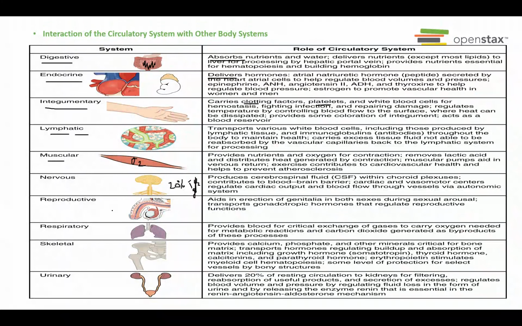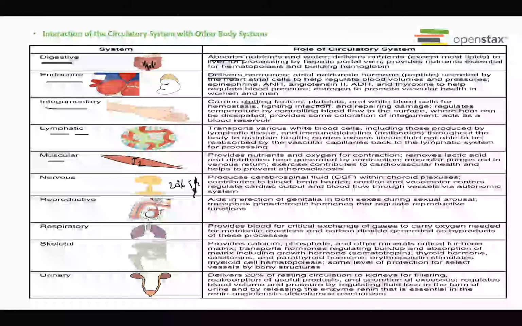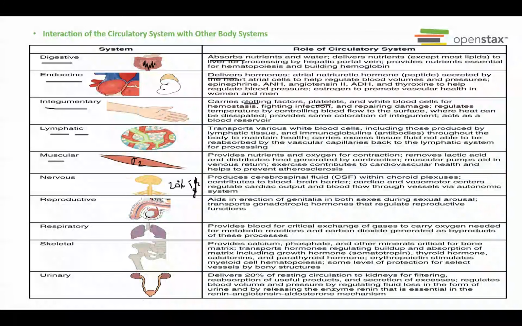Reproductive system: of course, the blood vessels carry a lot of nutrients for our reproductive system, including aiding in erection, and some other hormones produced by the testicles or ovaries will be delivered by the blood.